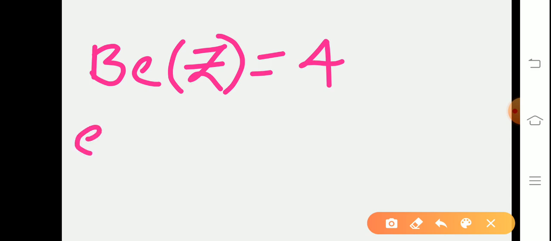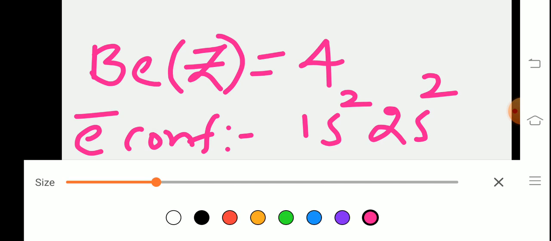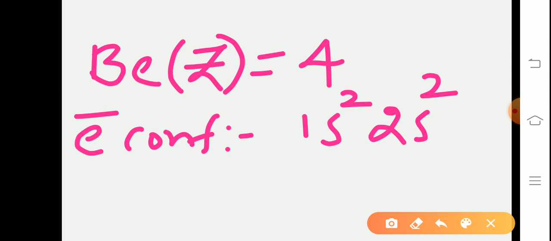The electronic configuration is 1s2 2s2. Yeah, right children? Here I already told you the differentiating electron will decide the position. Here you just take the last shell, which belongs to 2.